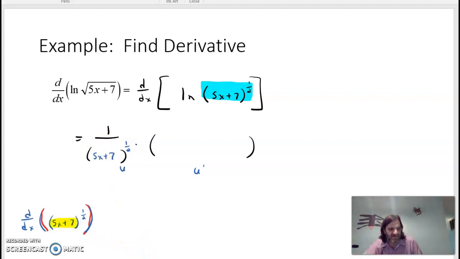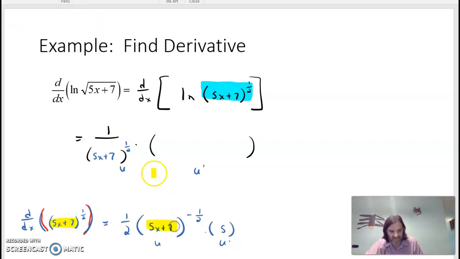So let's see, if we write that out, the derivative of this guy would be 1/2 something to the negative 1/2. So there'd be a u in there, and then there'd be a u prime tacked on. So the u of this one is 5x plus 7, and the derivative of that is 5. So in the nested chain rule, we have a completely different set of u's.